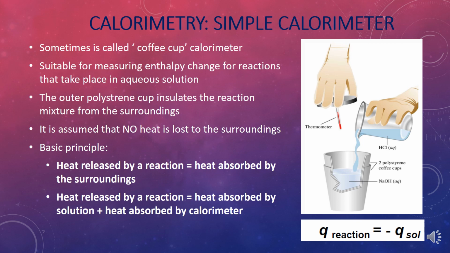Basic principles of this calorimetry are: heat released by a reaction equals heat absorbed by the surroundings, and heat released by a reaction equals heat absorbed by solution plus heat absorbed by calorimeter.